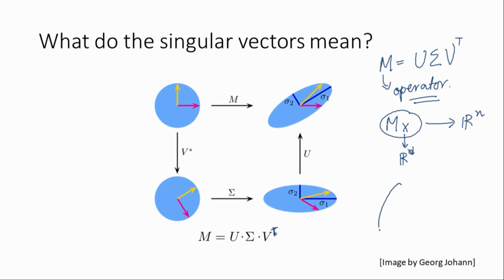For every vector in R^d, it gives a vector in R^n. Think of it as a function. You can think of a matrix as a function. In fact, it is what is known as a linear function.